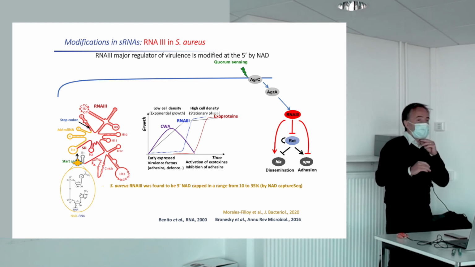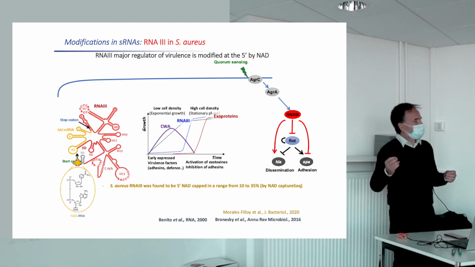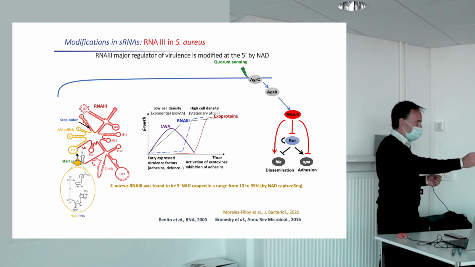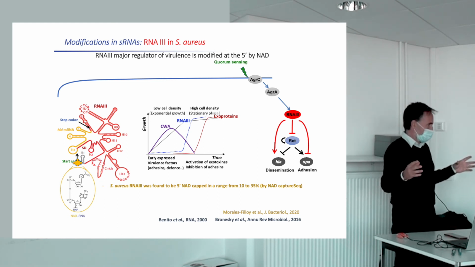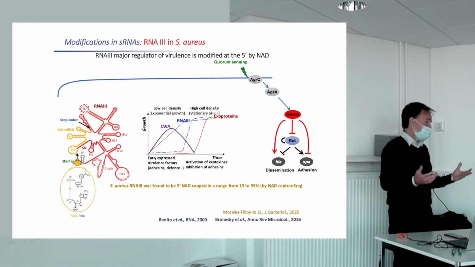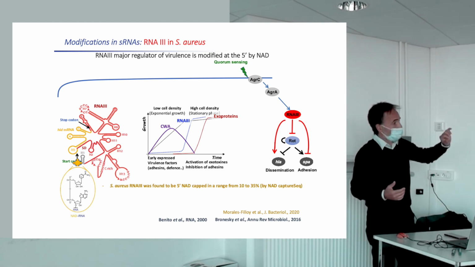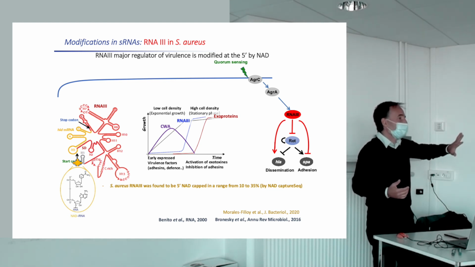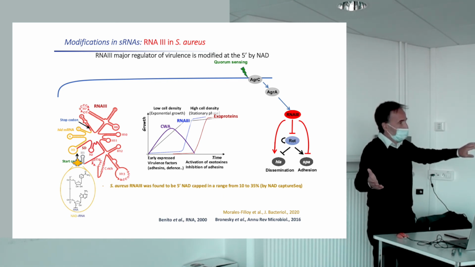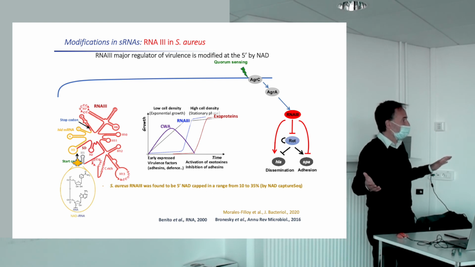This means that there is no enzyme responsible for adding the NAD, it is just the polymerase. This complicates things, because if you want to see the effect of a modification, you delete the enzyme responsible for the modification and you look at the phenotype. In this case, there is no enzyme.